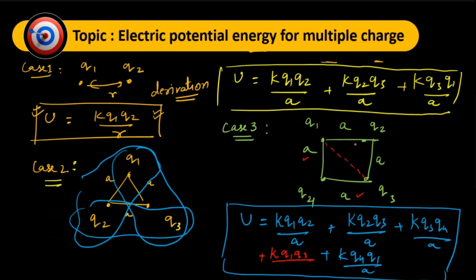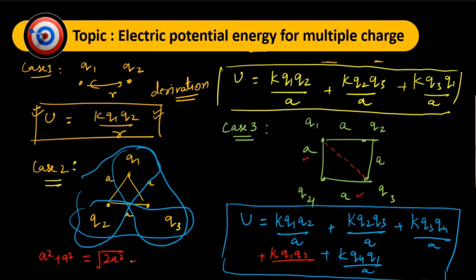Then what is it? Give me the final answer. We don't have values, but we have A and A. So A squared plus A squared is going to be the diagonal squared. So it is 2A squared.